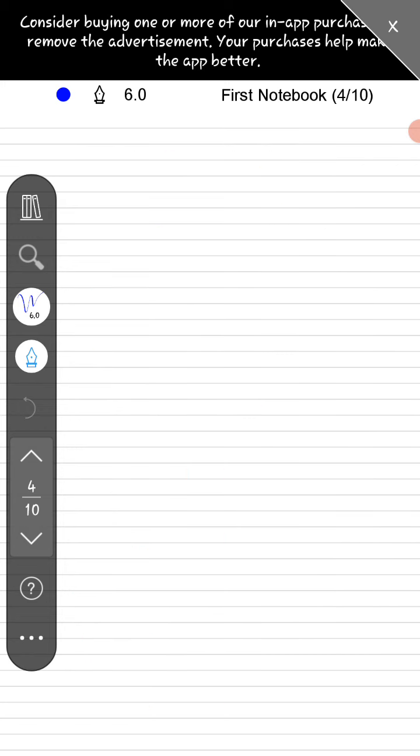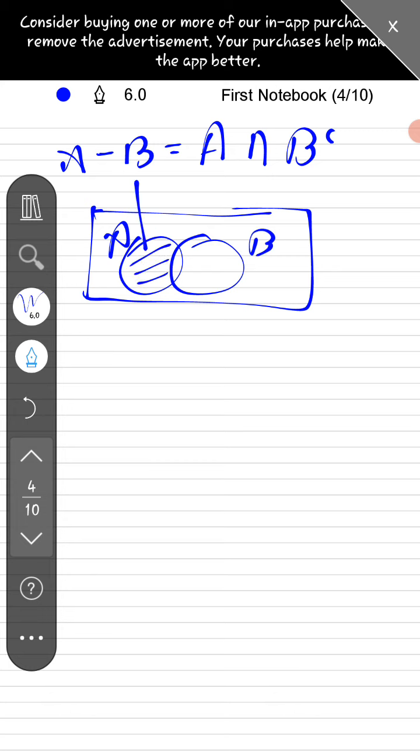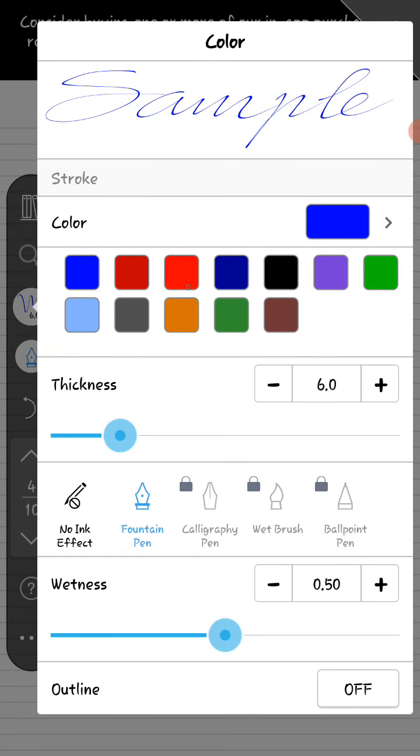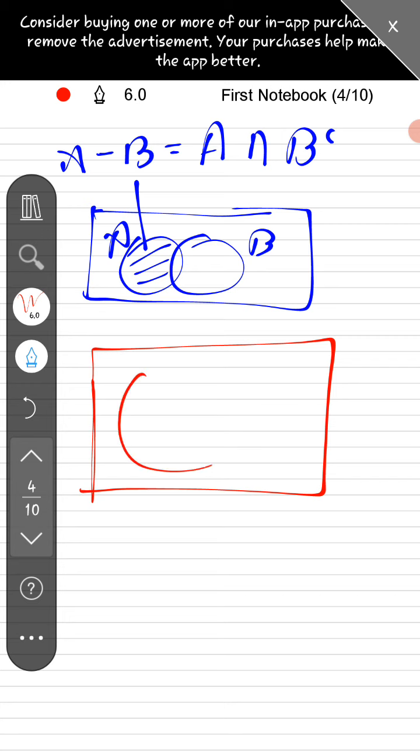Now again I have to show it for you guys. A minus B is equal to A intersection B complement. As we know, in this diagram with A and B, this part is A minus B, right? Now, what is B complement?